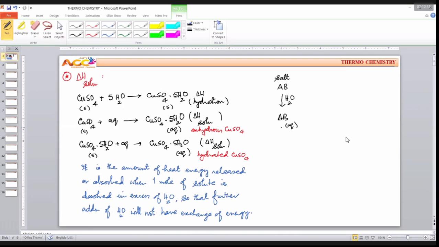The energy is supposed to be of two processes, not one process, A plus and B minus, whether it's a strong electrolyte or weak electrolyte. That means here we have two types of energies involved: one is called lattice energy, and one is known as hydration energy. This is the amount of energy required for lattice formation, right?